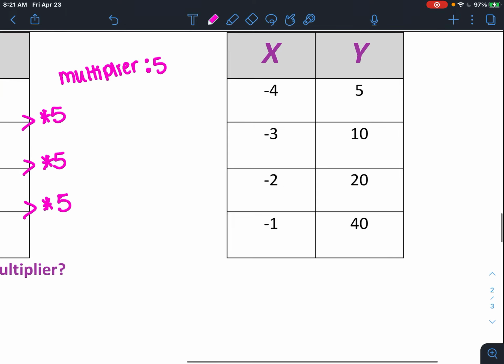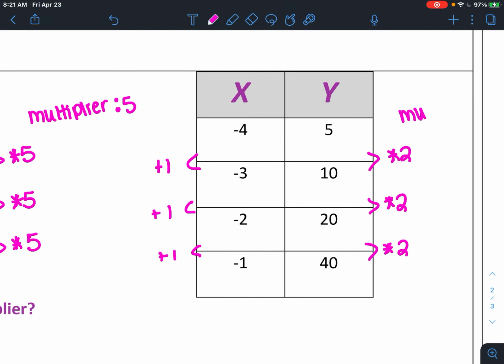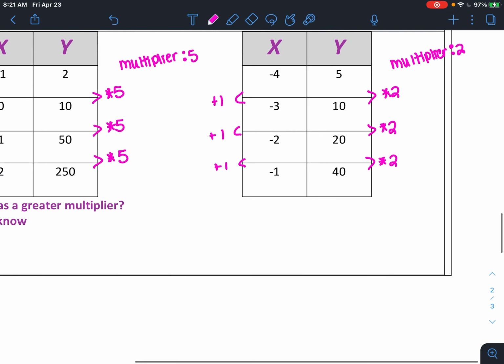is 5. And then over here, we are adding 1 also. And 5 times what is 10? 5 times 2. 10 times 2 is 20, and 20 times 2 is 40. So for the second one, my multiplier is 2. Which one is greater?